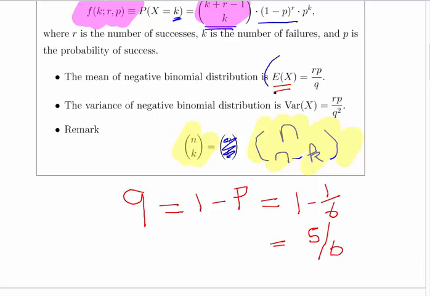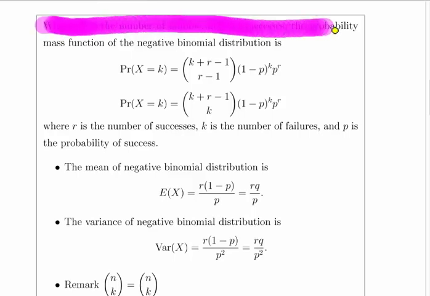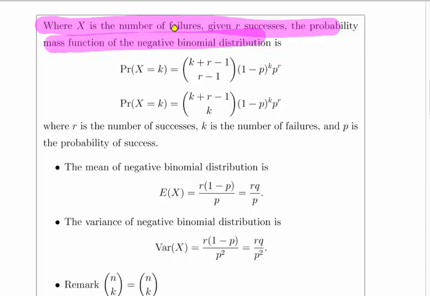Depending on your formulation of the negative binomial distribution, those formulas will change accordingly. This is lecture notes type stuff, but let's say you're looking at a book and you see something like this. Watch out for this. It looks just like what I've discussed, in that these two binomial coefficients are interchangeable.